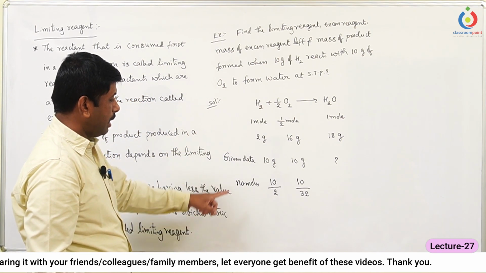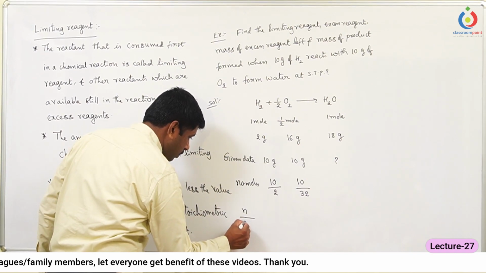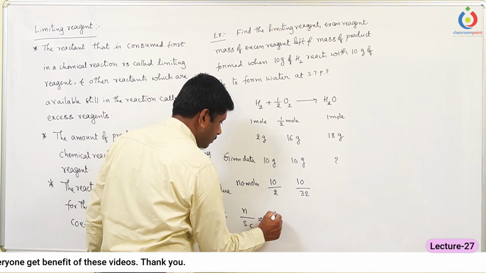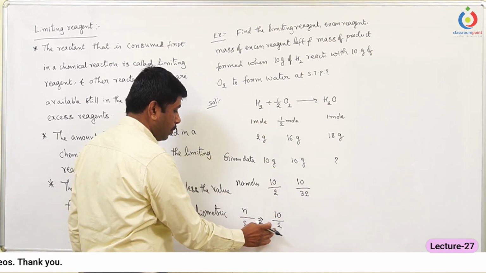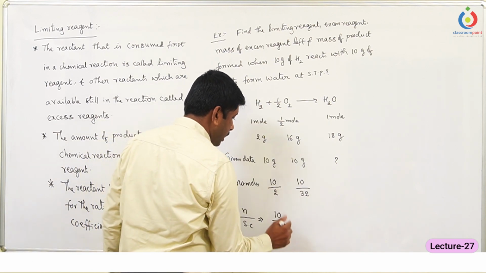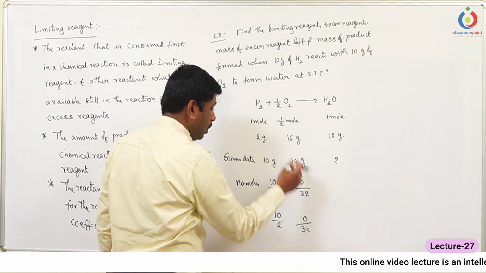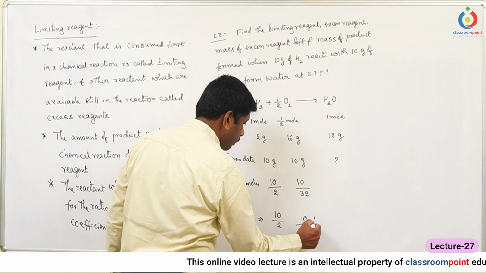Then number of moles by stoichiometric coefficient to find out the limiting reagent. For H2, it is 10 by 2 divided by 1, so there is no change in the value. But for O2, it is 10 divided by 32, whole divided by 1 by 2, which we can write down as 1 by 2 like this.